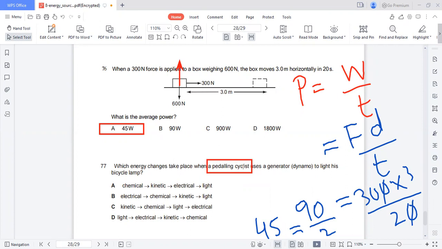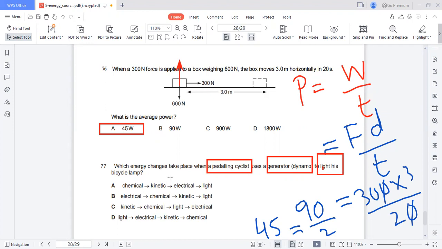Paddling results in kinetic energy, and generator will generate electrical energy, and that electrical energy is converted into light energy. So we have three stages. But before that, when a cyclist is paddling, the person contains chemical energy in the form of food which is absorbed by the cyclist.